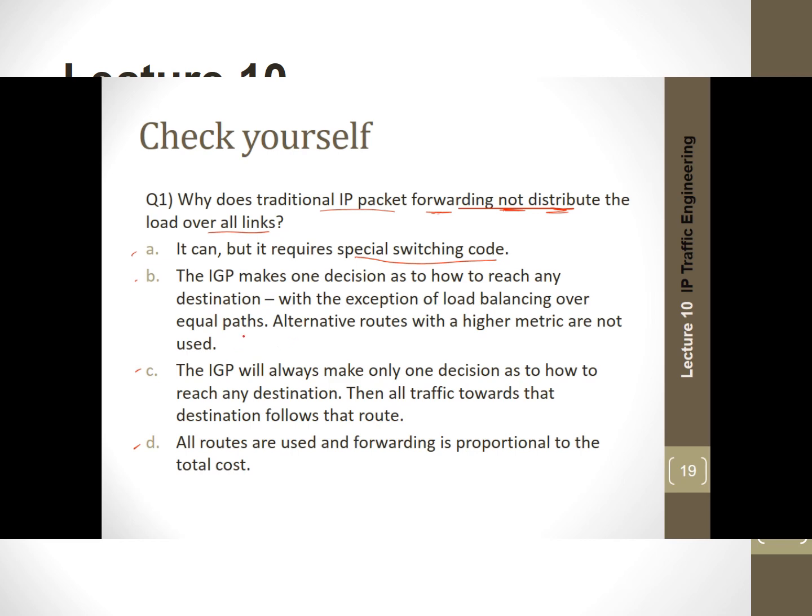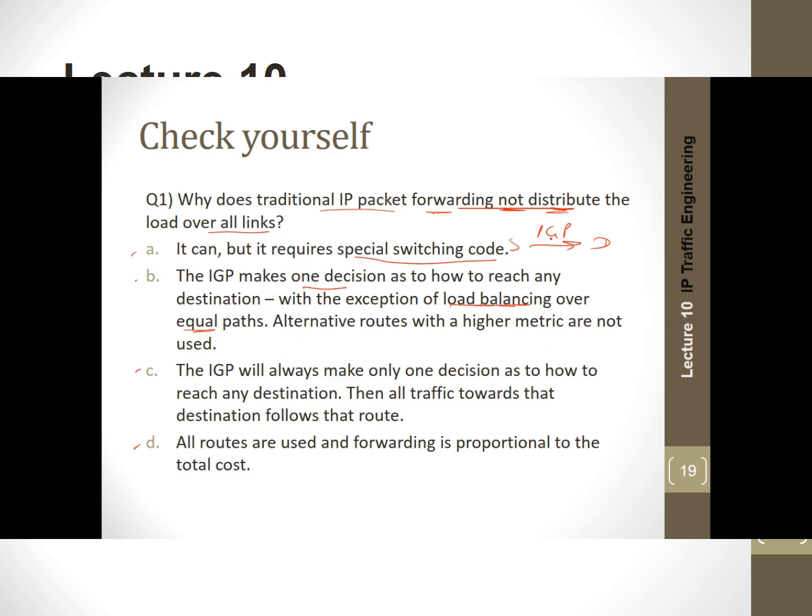Then it says in B, the IGP makes one decision. Yani the interior gateway protocol, whatever you're using, RIP, IGRP, whatever, makes one decision as to how to reach any destination. From source to destination, the IGP is making one decision on how to reach the destination. With the exception of load balancing over equal paths, IGP does not care about load balancing, so alternative routes with higher metric are not used.